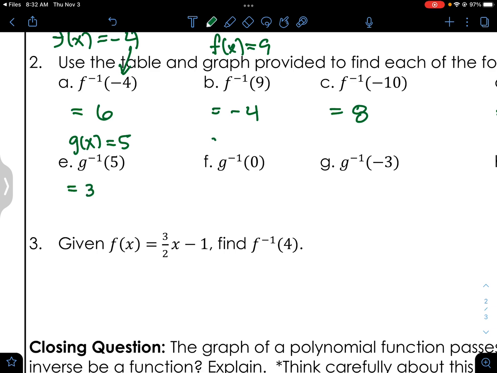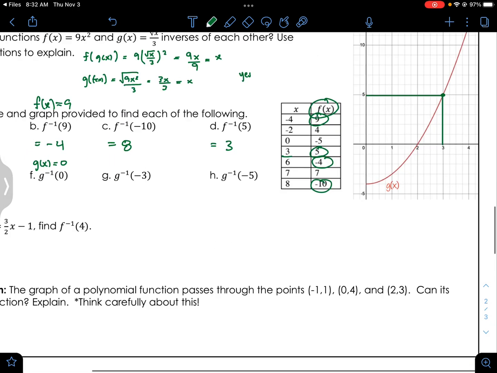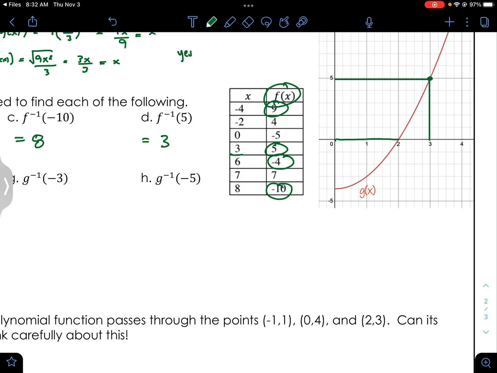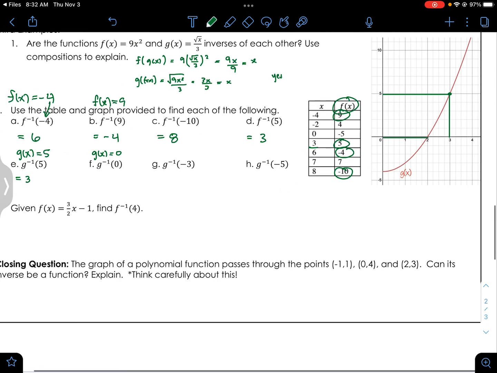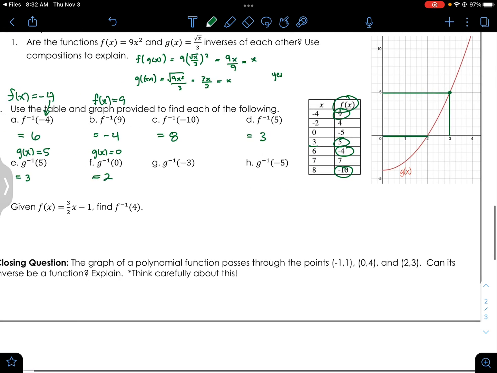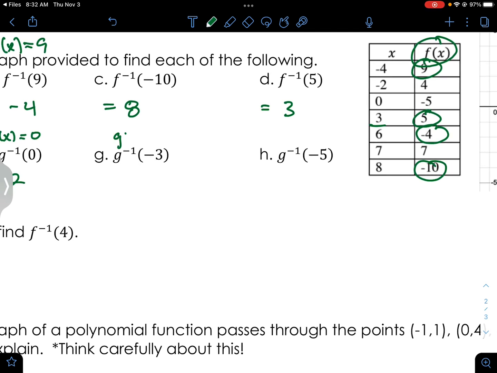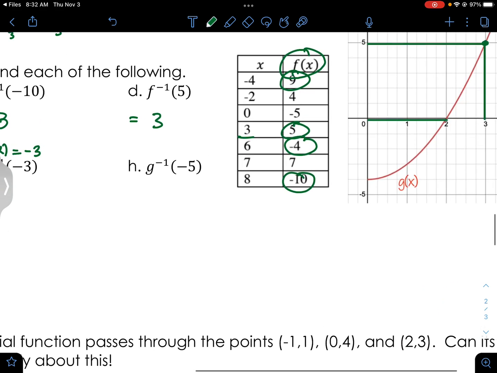G inverse of 0 means what was the value of x when g of x was 0. So we come over here, g of x was 0 at x equals 2. So we'd have that equal to 2. What was the value of x to make g of x equal -3? That would be right here at 1.